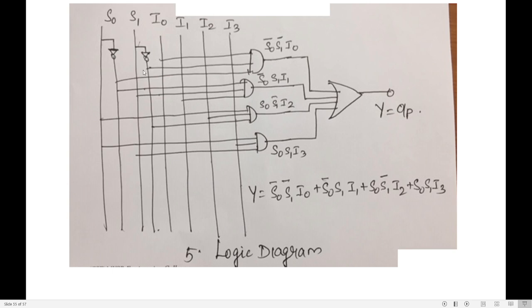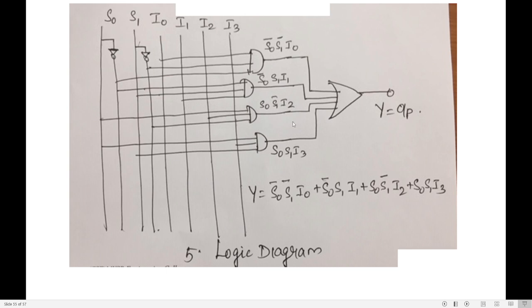My first term is S0 bar, S1 bar, I0, and I connect it to an AND gate. The next one is S0 bar, S1, I1, and I connect it to the next gate.